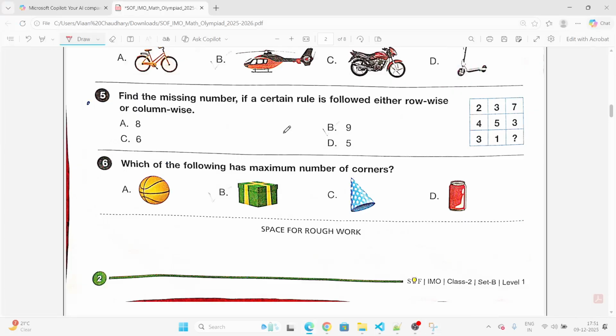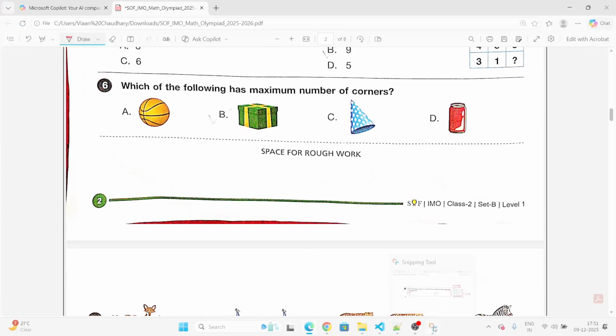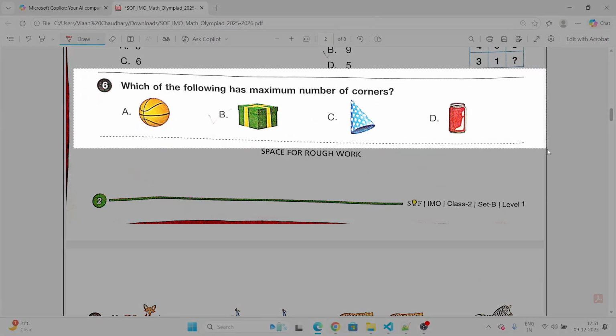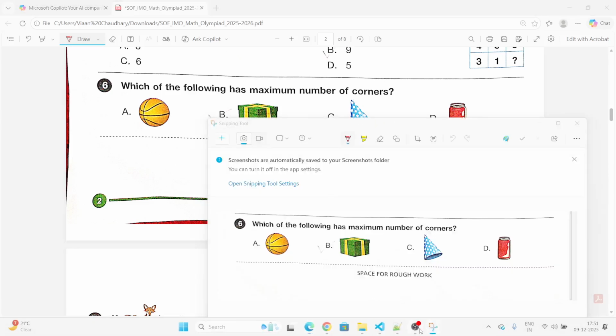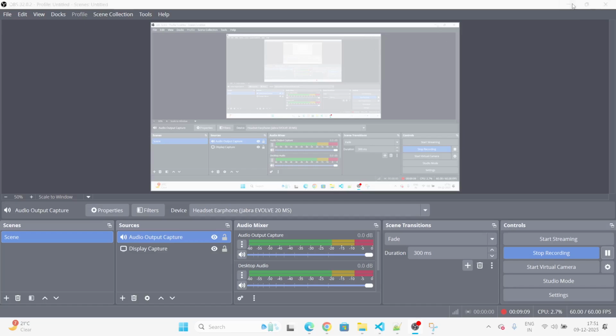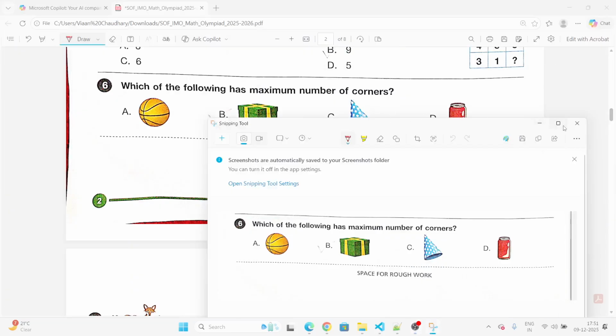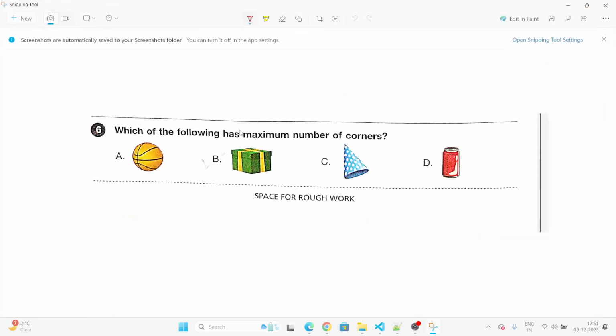Now we can move to the sixth question. Which of the following has the maximum number of corners?